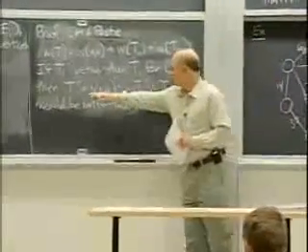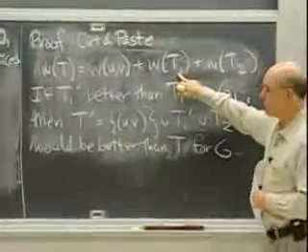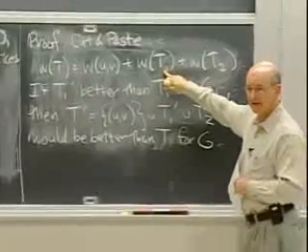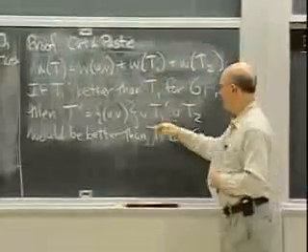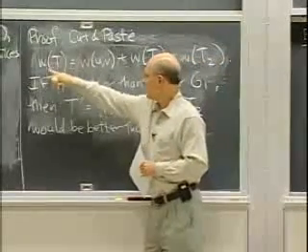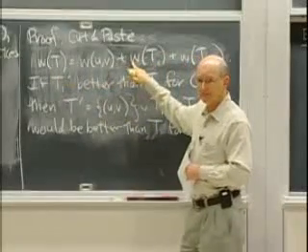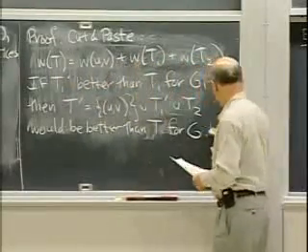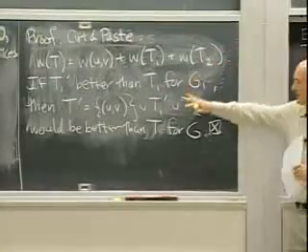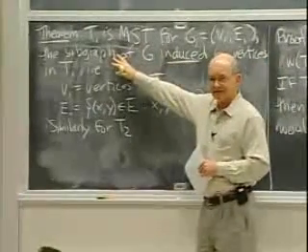Because the weight of these is just as the weight for this, I now just get to use the weight of T1 prime, and that's less. And so therefore, the assumption that T was a minimum spanning tree would be violated if I could find a better one for the sub piece. So we have this nice property of optimal substructure.